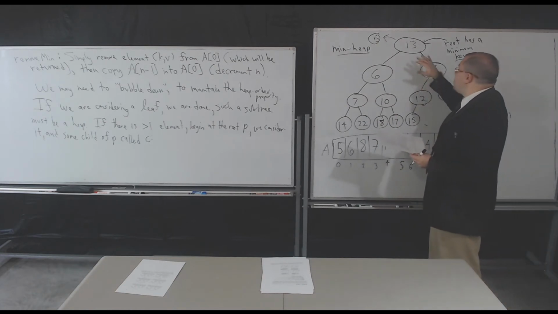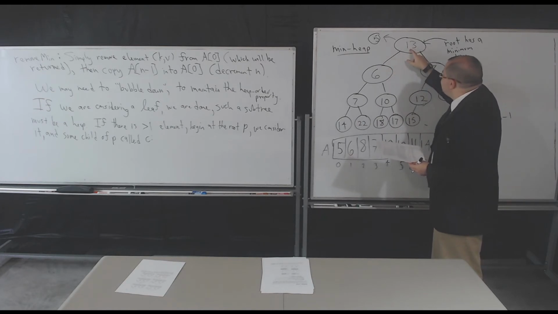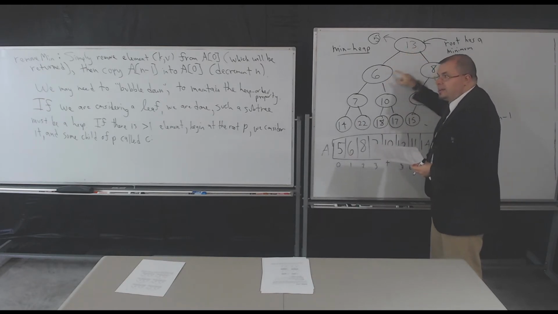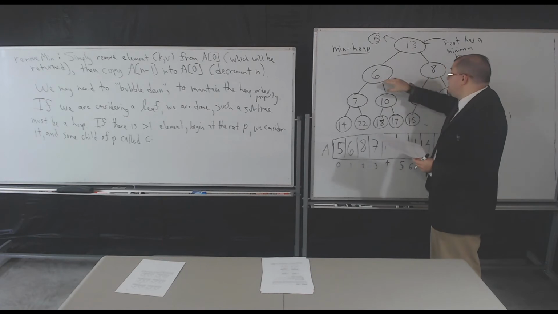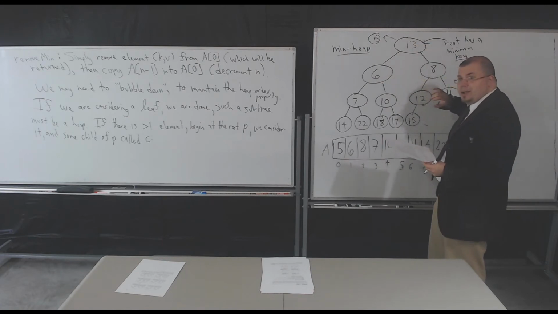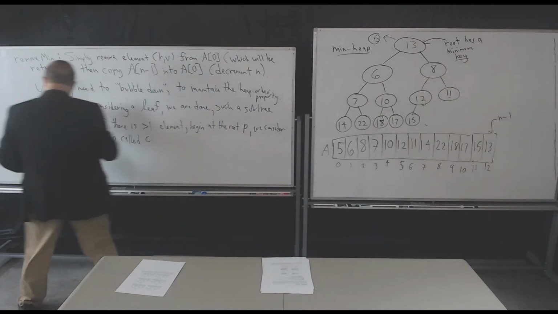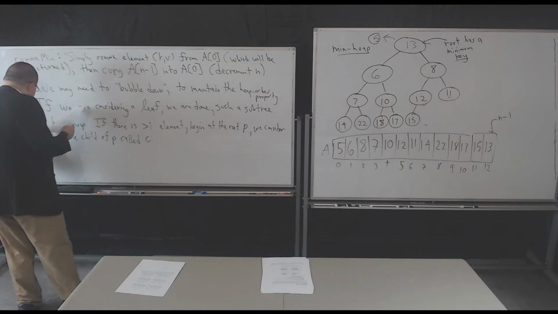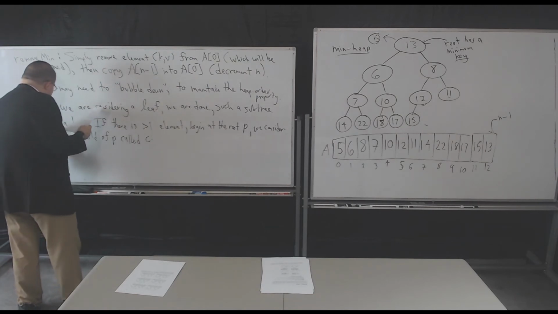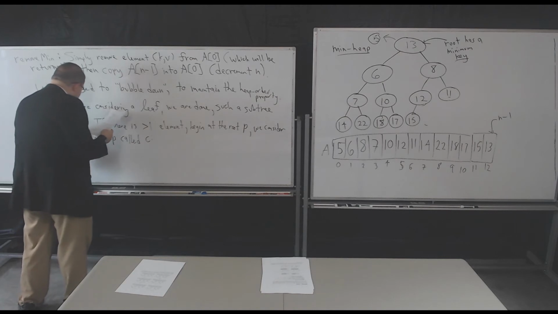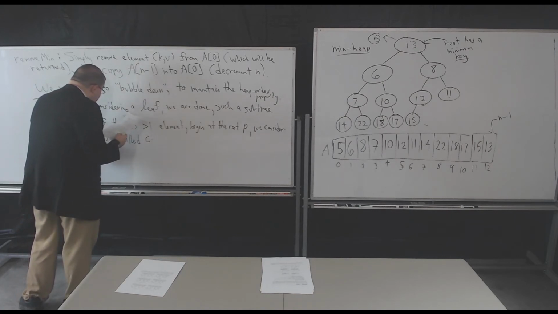If I pick the smaller of these two, I can guarantee, because this one had to have been smaller than this one, and it's the smallest among its children, that it must maintain the heap order property, right? So, if P has no right child, because that's a very real possibility.